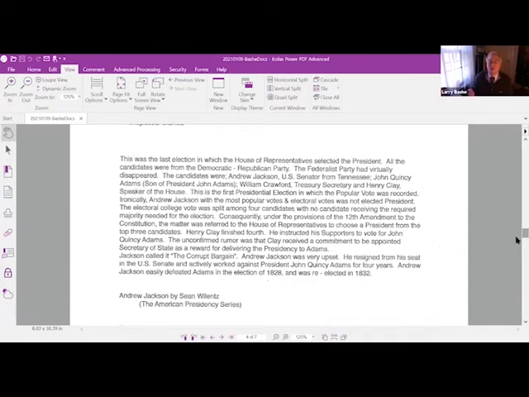Now, there's some historical dispute about this, but I think it's pretty obvious what happened. John Quincy Adams offered Clay the ability to be Secretary of State, which he wanted, and he threw his support to John Quincy Adams. So then John Quincy Adams was elected by the House of Representatives to be president. It was called by Andrew Jackson the corrupt bargain.